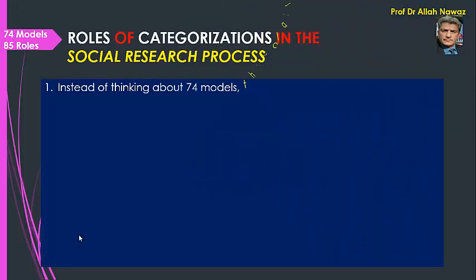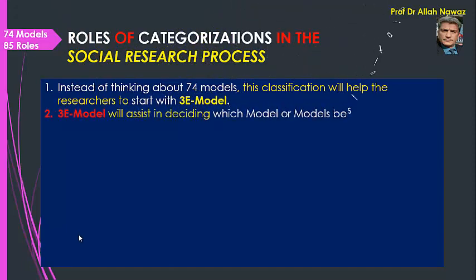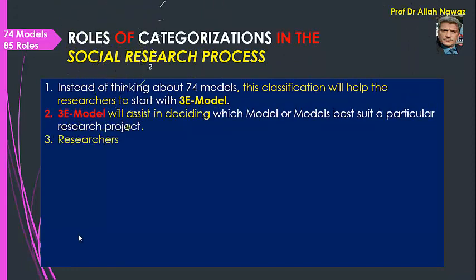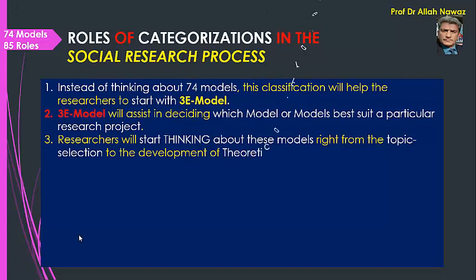When this classification is used, it is expected that instead of thinking about 74 models, it will help the researcher to start with the 3E model, the 3 effects model. So the 3E model will assist in deciding which model or models best suit a particular research project.